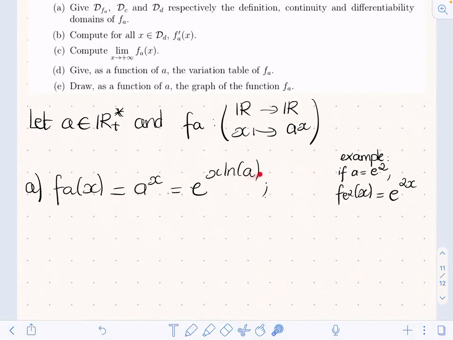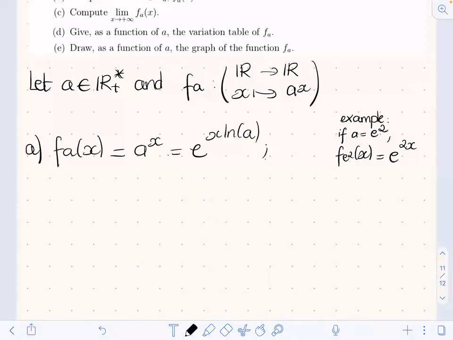Logarithm of a here gives you logarithm of e to the 2, so that will give you 2, and so you get exponential of 2x. So the important thing to bear in mind is that logarithm of a, although it seems like a strange expression, is just some constant. It's a constant that happens to be written under the form logarithm of something. But this here is just an exponential function with a sort of strange constant.